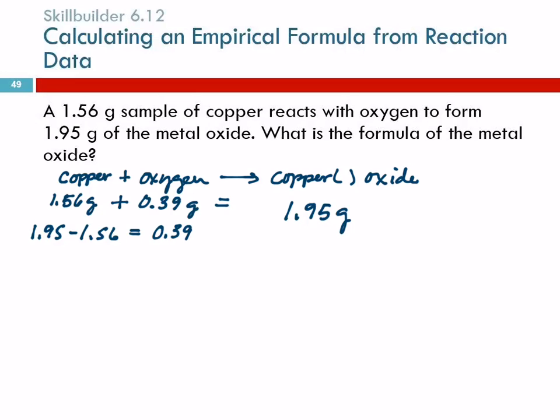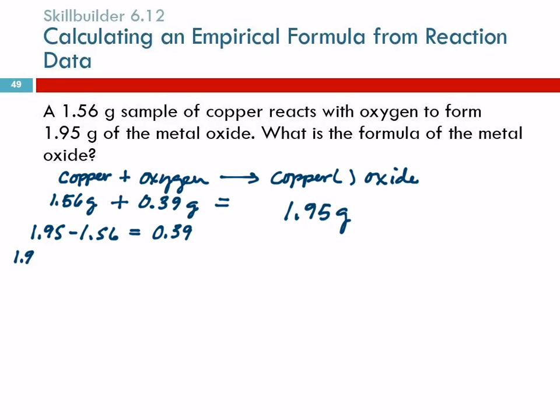If I had a box that weighed 1 pound and I put some bowling balls in it and now it weighs 15 pounds, what's the mass of bowling balls that I put in the box? It's the difference, right? That makes sense. That's all we're doing here. We're taking copper, we're adding some unknown mass of oxygen, we know what the total is, and so we just subtract. Okay, enough blithering. Now we have our masses, we just do the same thing that we've been doing before.